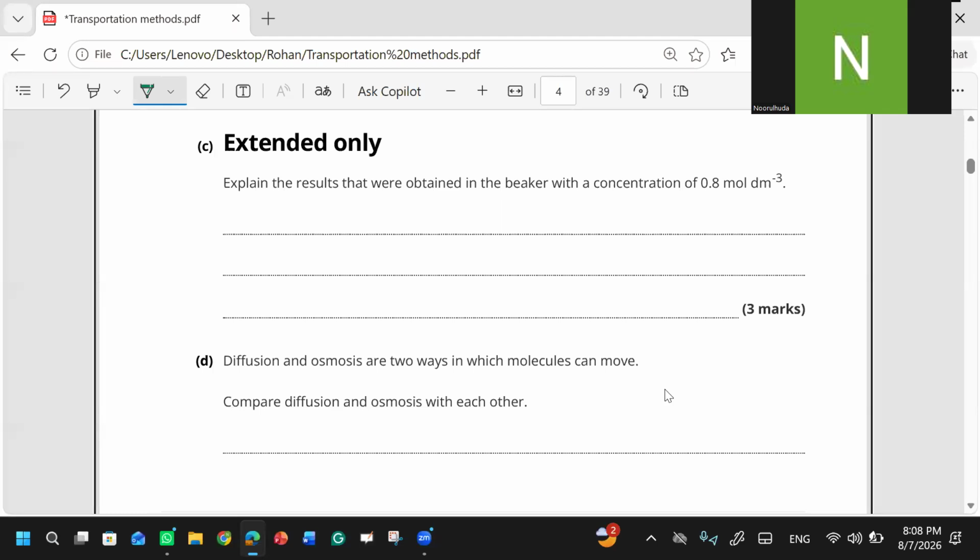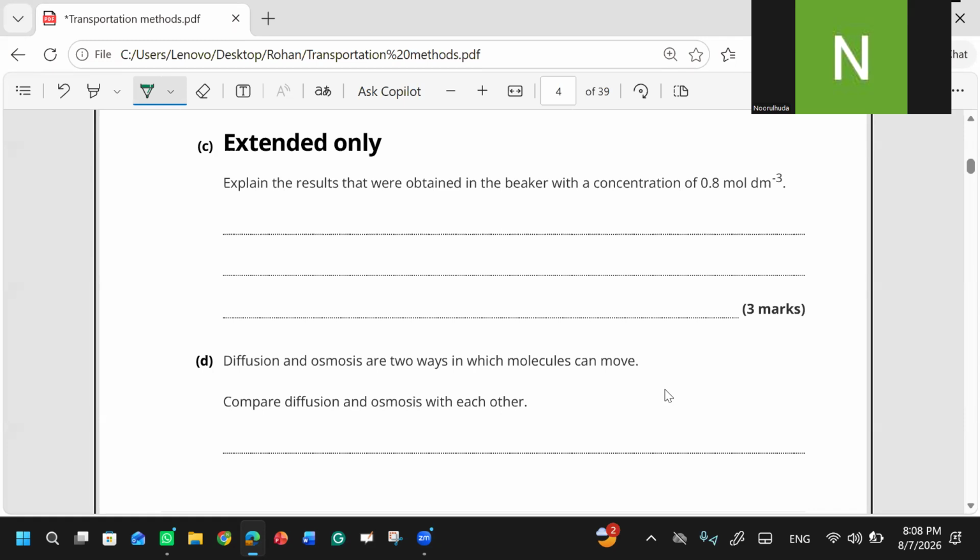In diffusion, we don't particularly talk about the water, right? But in osmosis, we talk about the water, the solvent. And we don't talk about energy and ATP because it doesn't require it.